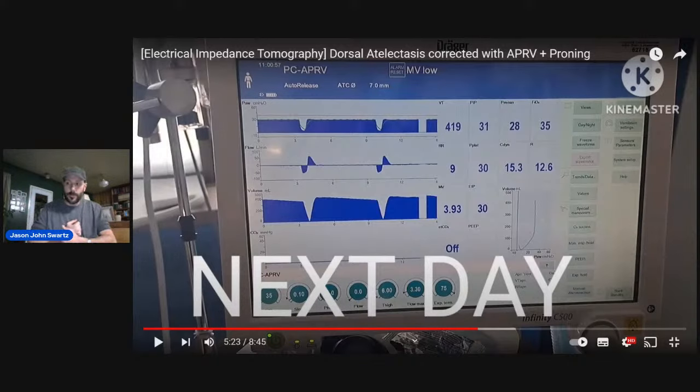So I didn't have the PulmoVista on that one, but it was the first patient that I tried APRV, and yeah, the mean pressure that we could attain with APRV was what was required, and his lung opened up, his oxygenation improved, and we ended up saving that guy from COVID. So that made a big impression in the ICU.